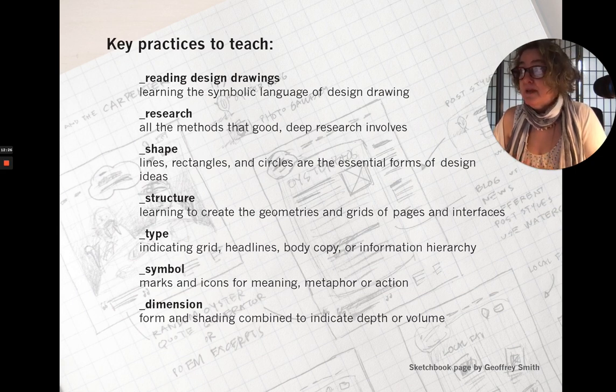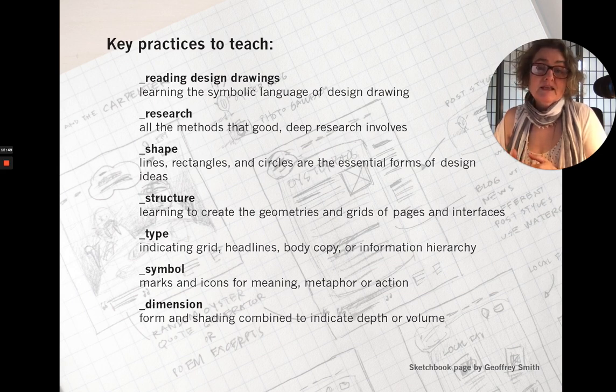You've got shape: lines, rectangles, circles. You've got structure. These are grids and systems for laying out specific kinds of products or whatever it is that you're working on. There's type that is generally involved, especially in visual design.